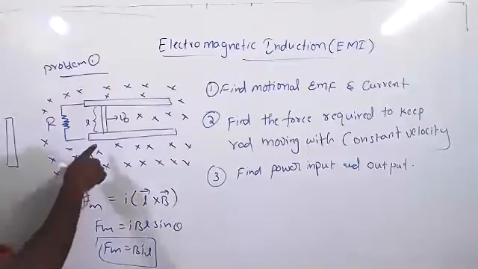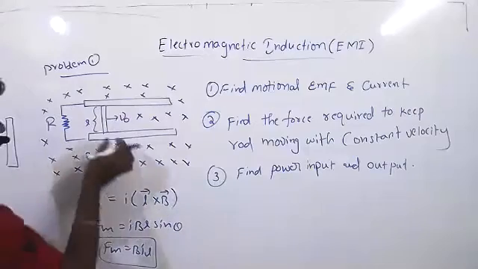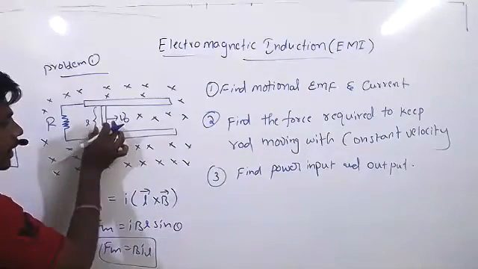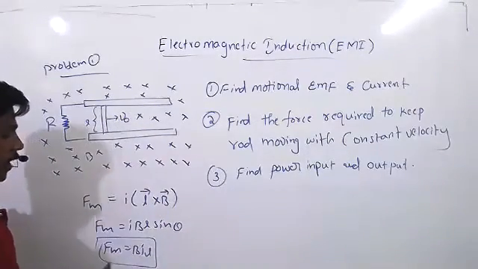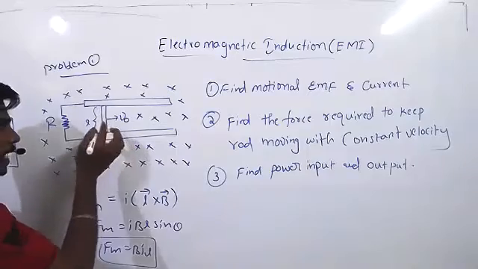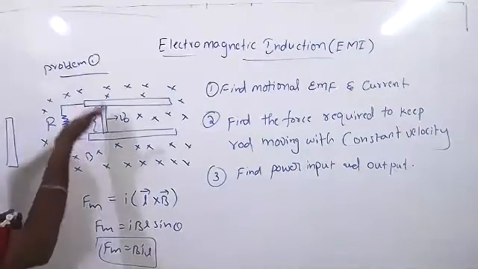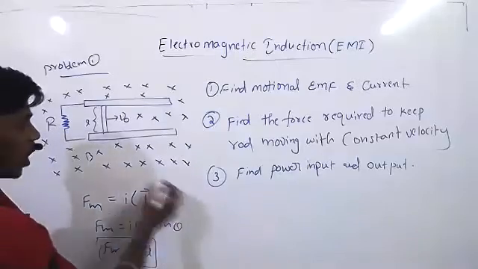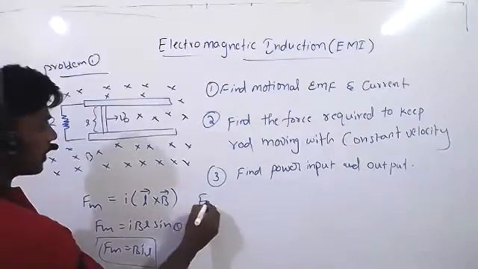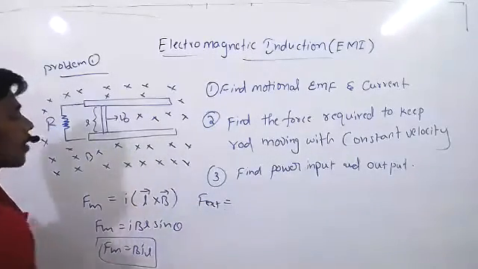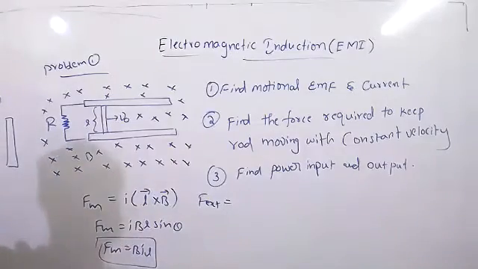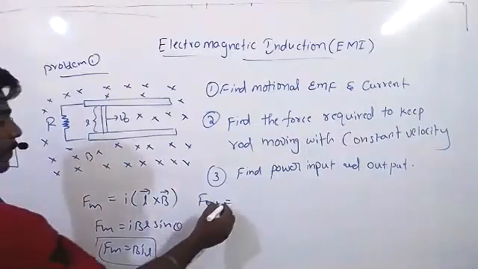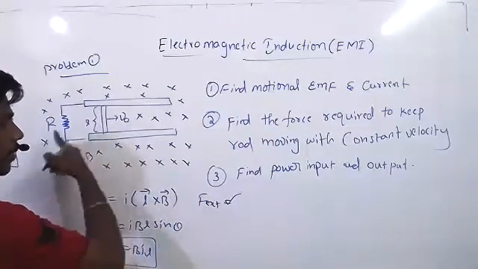Now when the magnetic force is acting, to make the rod move with constant velocity, we have to apply an external force in the opposite direction.